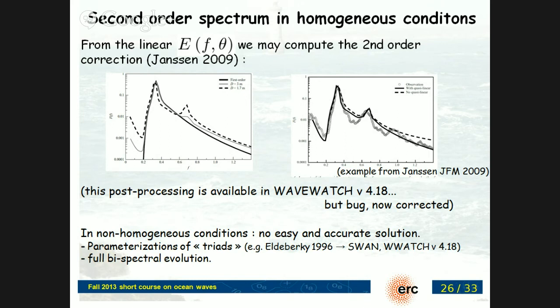If we only have a 2D spectrum, how do we represent this part of the wave spectrum, which should not be linearly related through the linear dispersion? So one way to do that, and it's what has been implemented in WaveWatch, is that as long as you're working in conditions with a flat bottom that is homogeneous in space, then there's a relationship between the first harmonics, which correspond to second order waves.